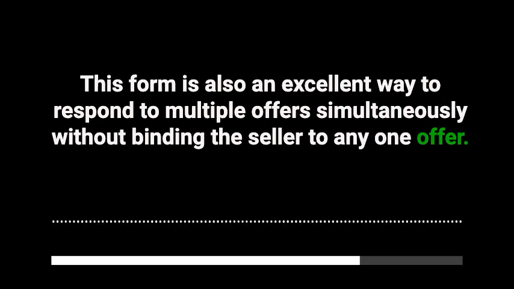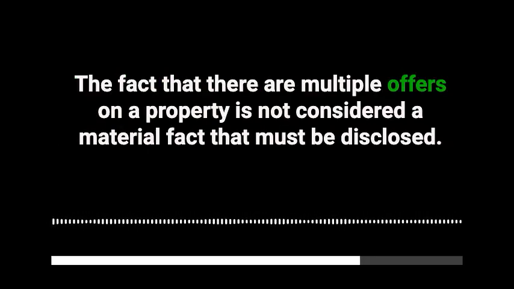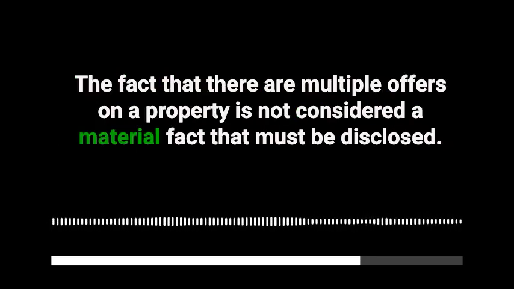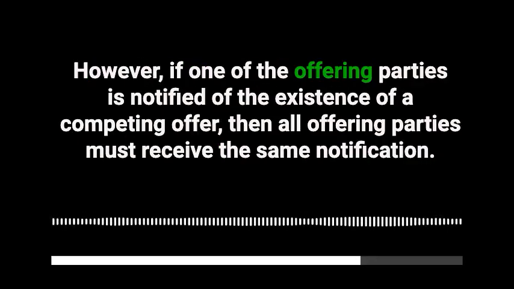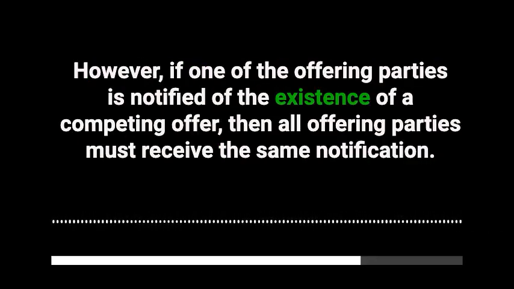to any one offer. The fact that there are multiple offers on a property is not considered a material fact that must be disclosed. However, if one of the offering parties is notified of the existence of a competing offer, then all offering parties must receive the same notification. This maintains a level playing field for all offerors.